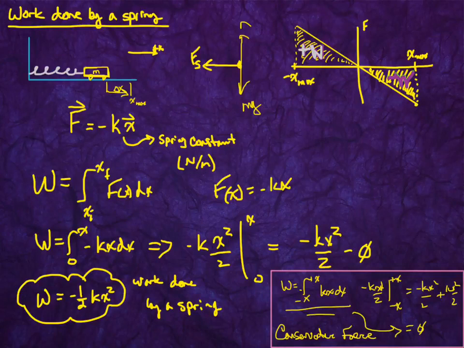Some examples of that are gravity, springs, pretty much anything that you would have an equilibrium around. In other words, if no work is done when you finish where you start, you go out and you come back and there's no work done, that's our conservative force. That is it for our variable work.